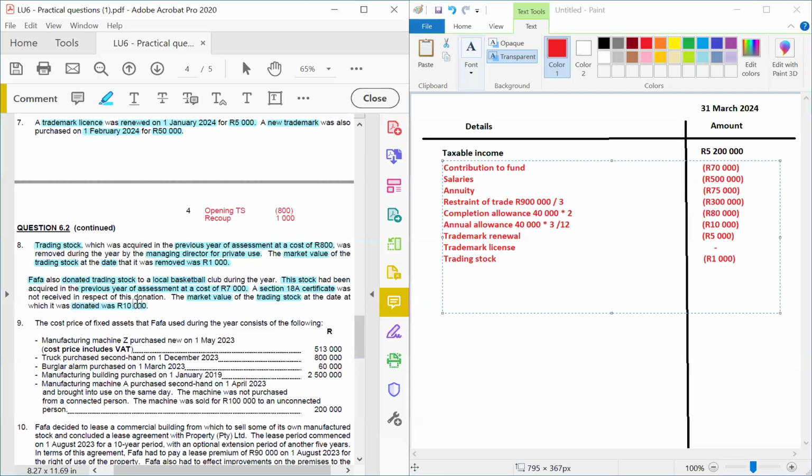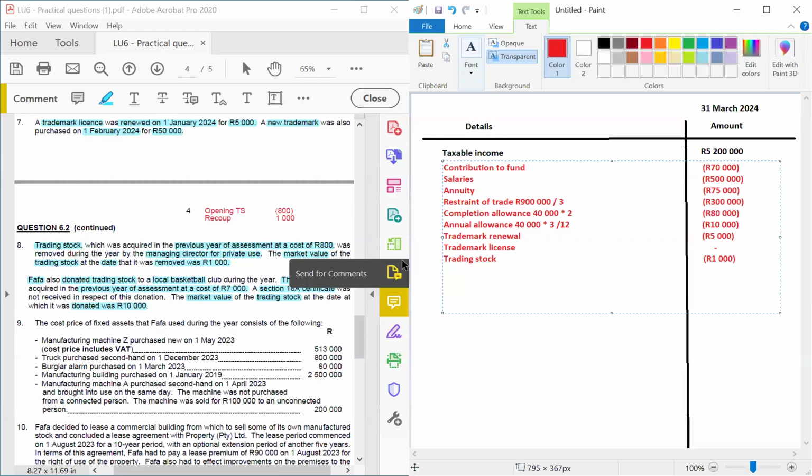10,000. So when you donate something and it's not part of a Section 18A allowance, this one I'm not going to pack it because it doesn't have a Section 18A certificate. This one will also be recouped. It is treated the same as taking stock for private use because you could be donating it for private purposes.